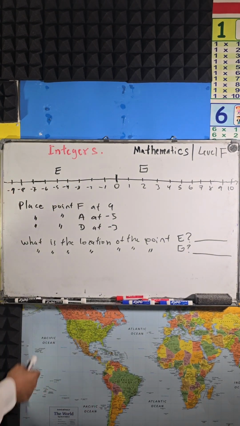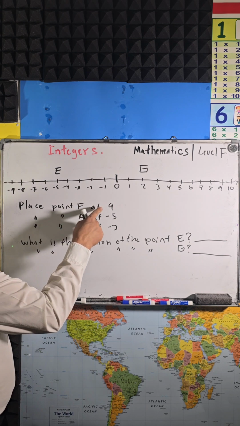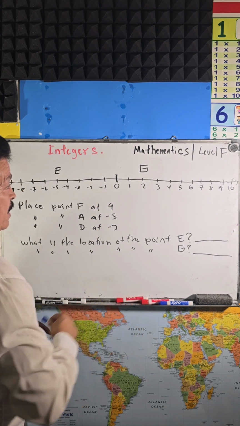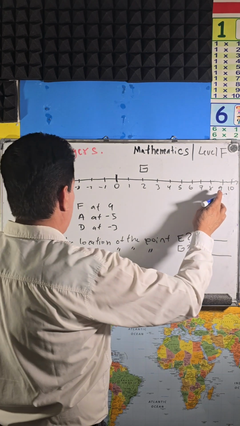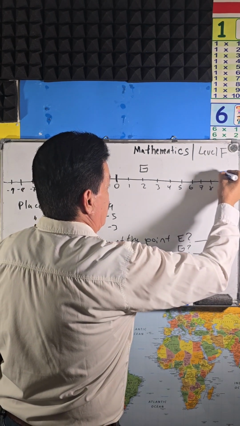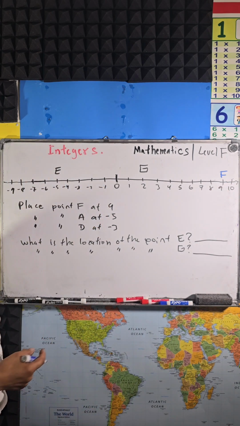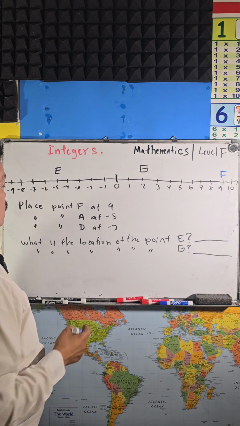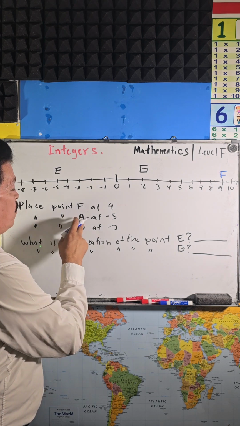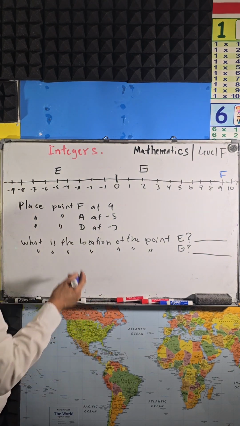Okay, first point, we have to place the point F at nine. Where is nine? Point F is at nine, right here. Yes or no? So next one, place point A at -5. What is -5?